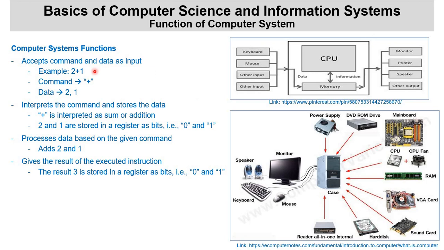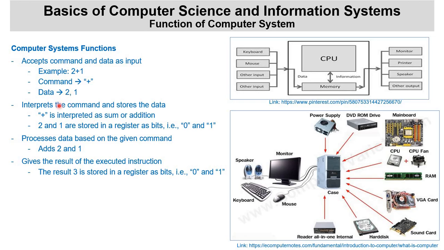One thing is that it accepts commands and data as input. For example, in your calculator, which is a very basic computer, you can type 2 plus 1. The command here is the addition, which is the actual function to be done, and the data delivered here is 2 and 1.